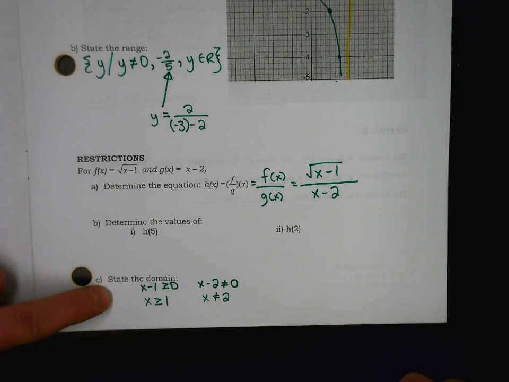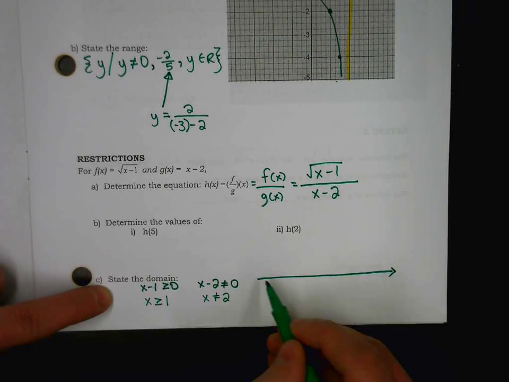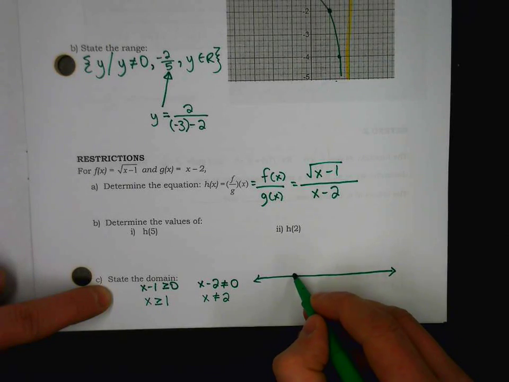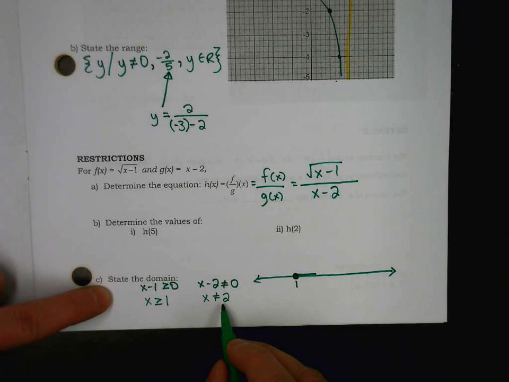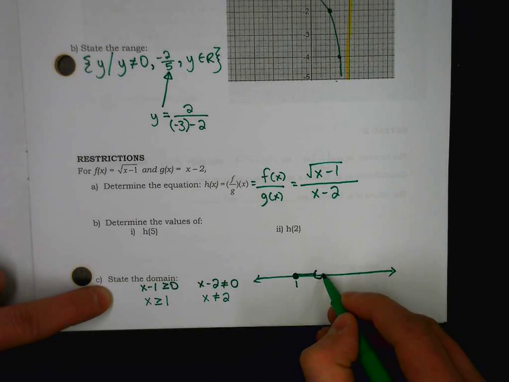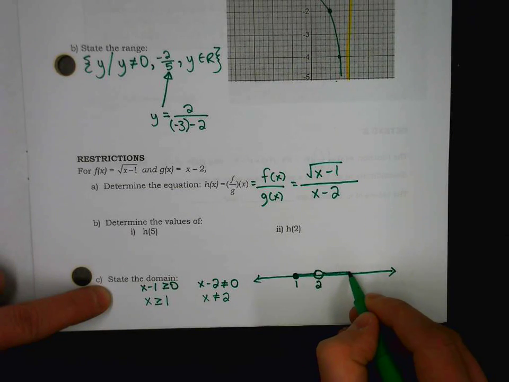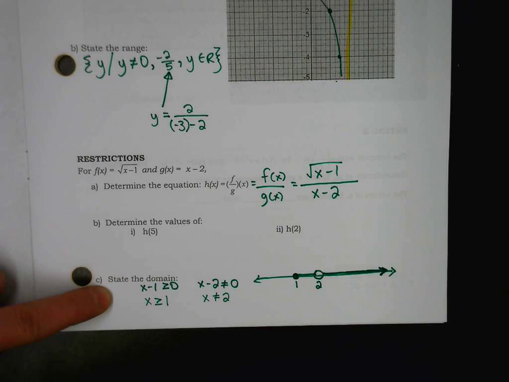Piecing this together, you could visualize this on a number line and say everything to the right of 1 is okay, including 1. But I'm going to pause for a moment. 2 we said was not okay. So I'm going to put an open circle to say 2 is not okay, but everything after that is okay, and imply that the arrow continues to the right.